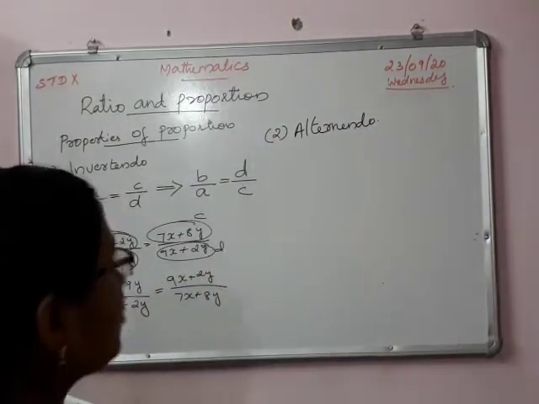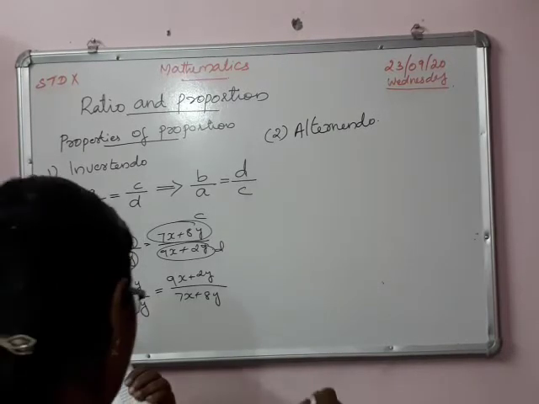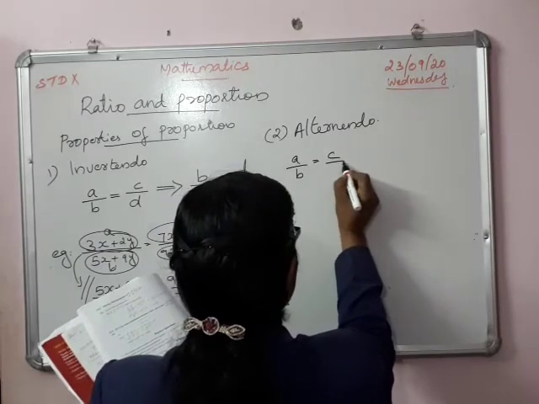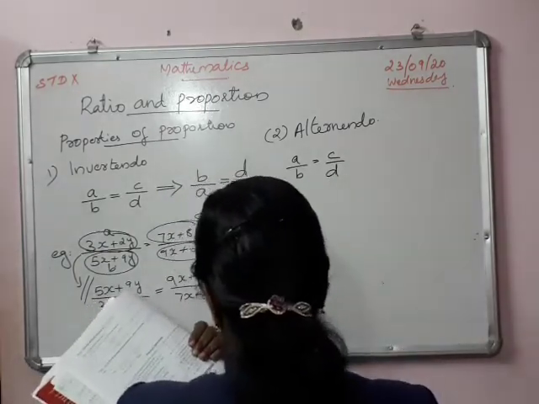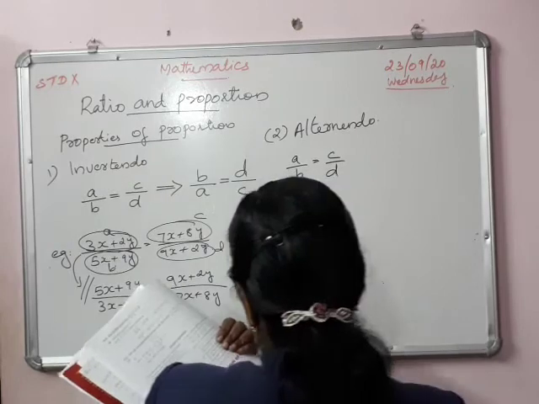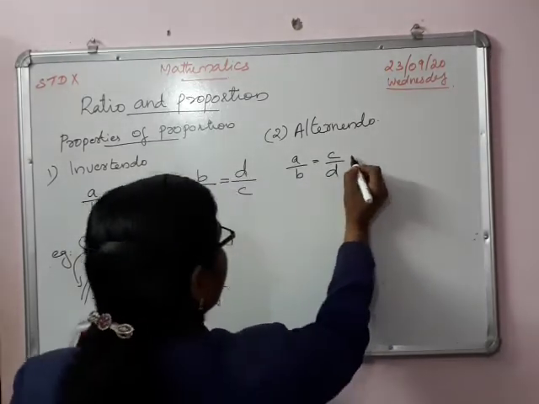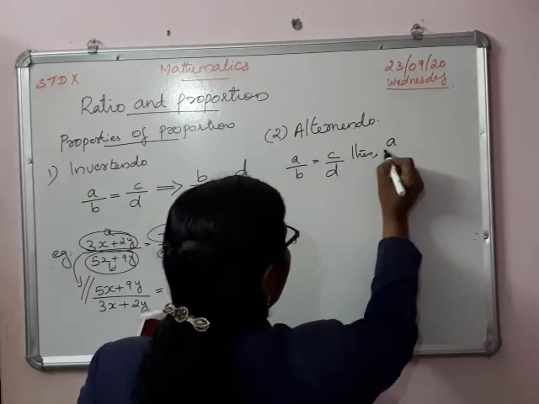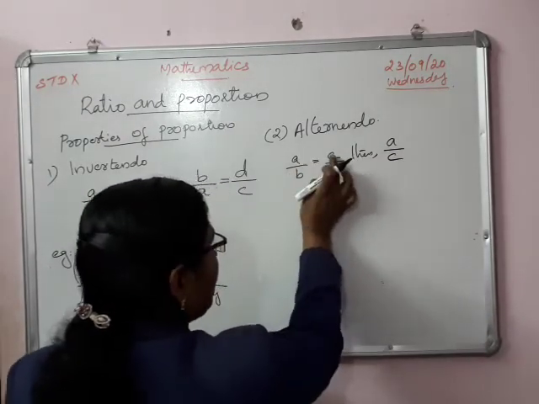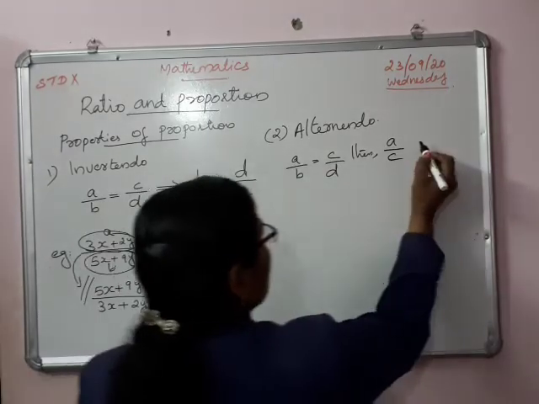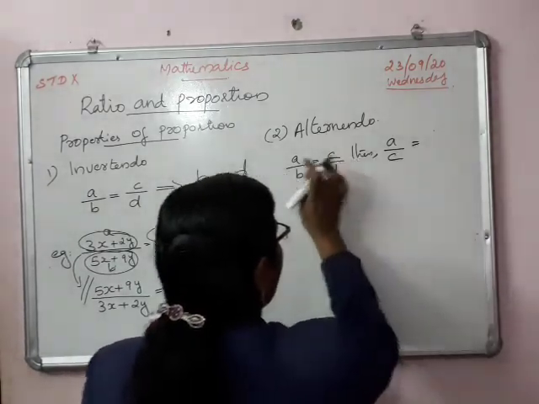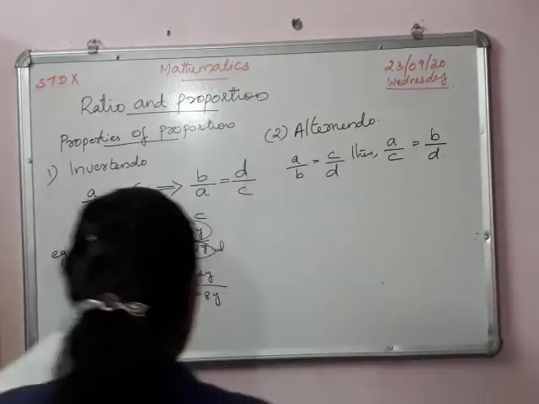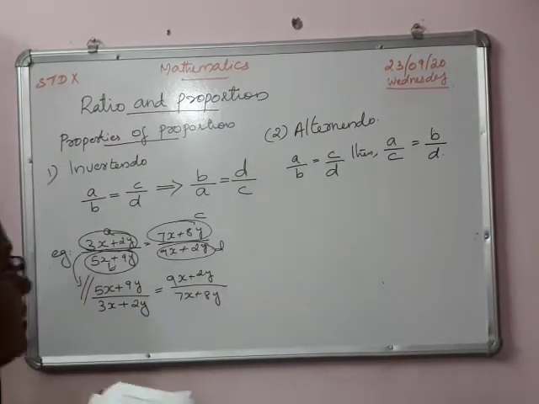That is the second property: if A by B is equal to C by D, as usual, then A by C is equal to B by D. That is the second property, B by D.